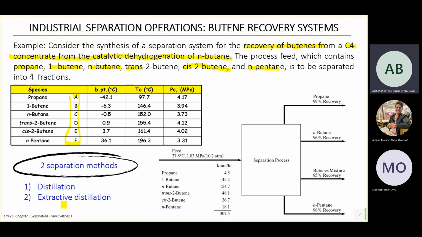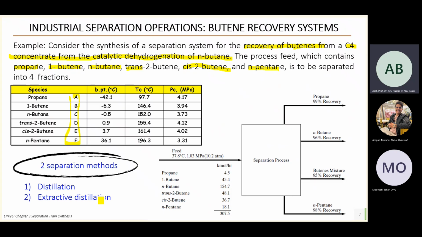What is extractive distillation? It is for components with close boiling points. Yes, they are different, normal distillation and extractive distillation.